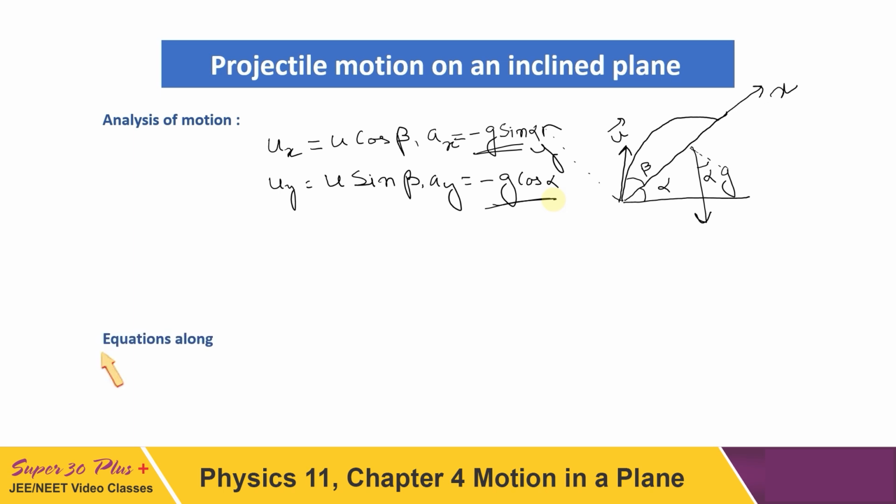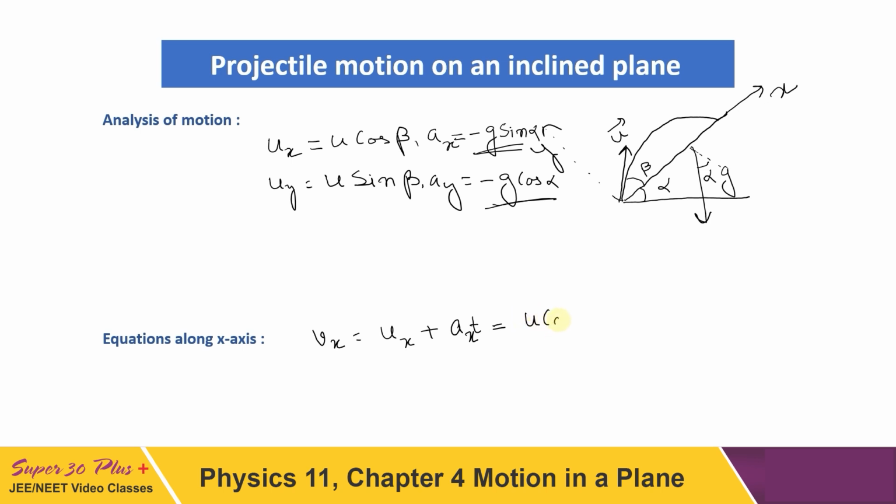Now let us write the equations along the x-axis. We know that the equations of motion are v is equal to u plus at, s is equal to ut plus half at square. So if we write these two equations along the x-axis, it can be written as vx is equal to ux plus axt. And what is ux? That is u cos beta.